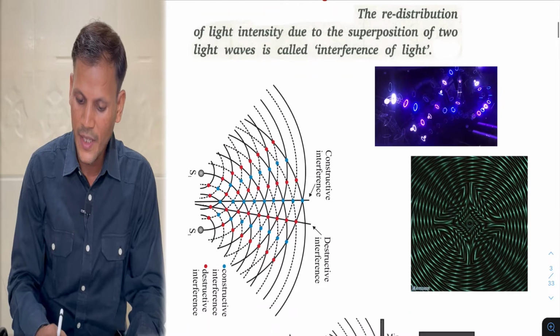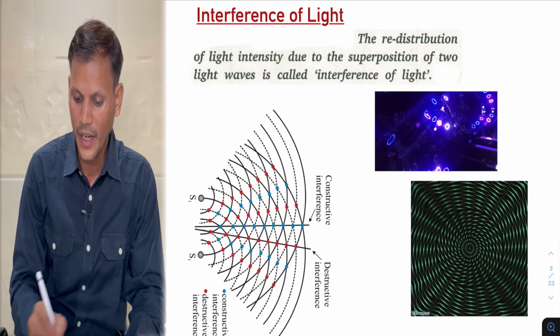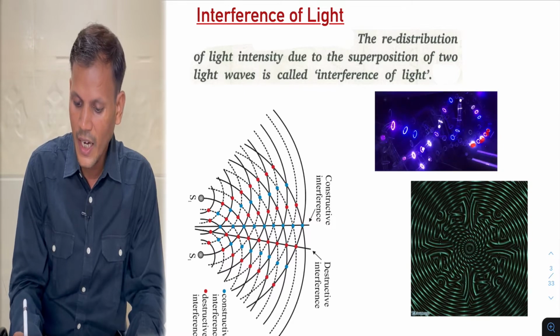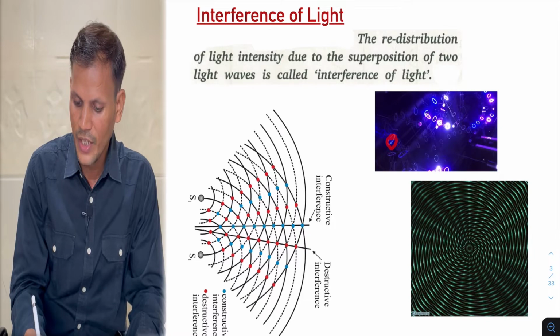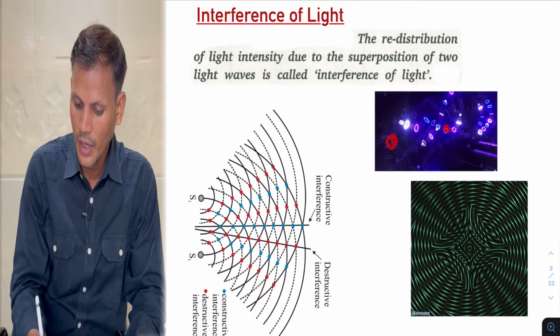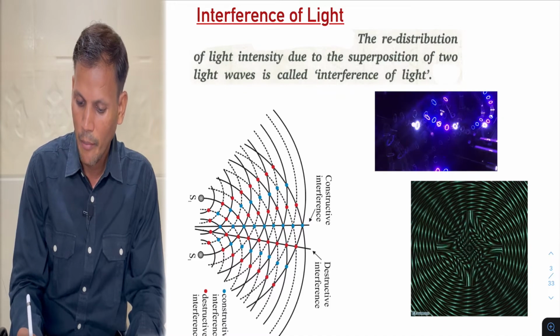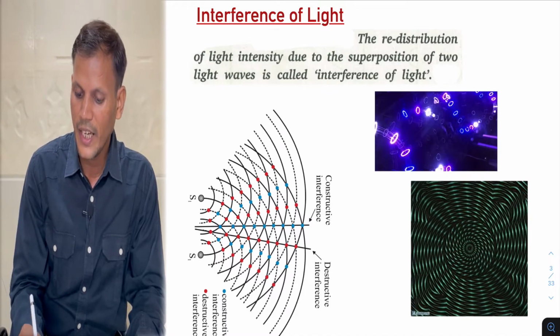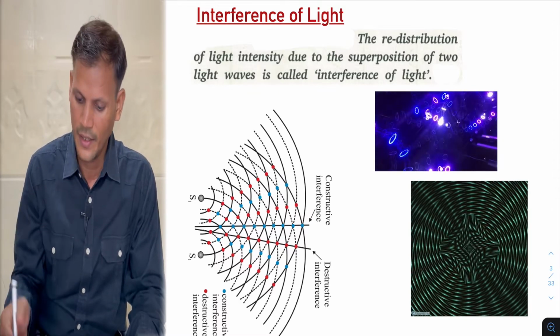So a few diagrams are there. In this case we are observing the different lights glowing at different points. Due to the intensity of this one and the intensity of this one, both are meeting at the point. So different patterns or variable brightness intensity can be obtained in this case.